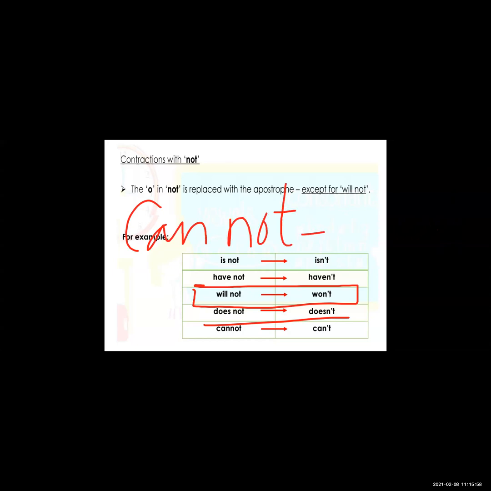How will we make the short form of this? We replace this O with an apostrophe and then t. Can't. See here, in cannot we will not use the double N here, only a single N. And O is replaced with the apostrophe and then t. Okay, can't, doesn't, haven't, and isn't.